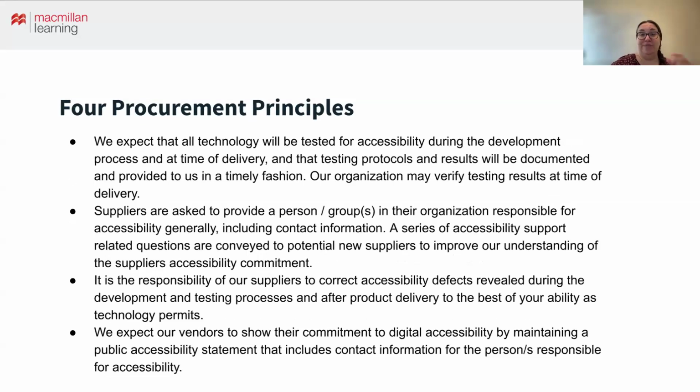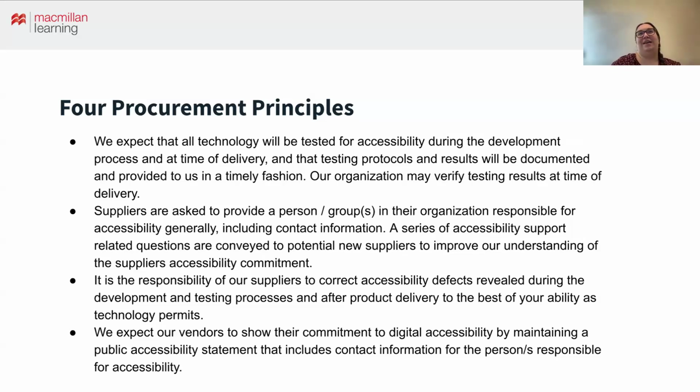Our actual procurement documentation is much longer than what I've shared on this slide, but our program distills to these 4 principles, which are also documented on our website. We expect that all technology will be tested for accessibility during the development process, and at the time of delivery, that the testing protocols and results will be delivered to us and provided in a timely fashion.